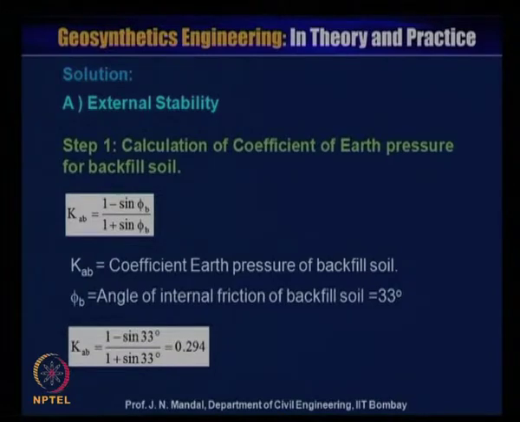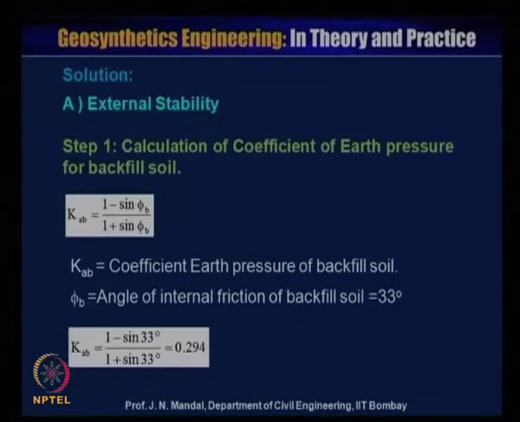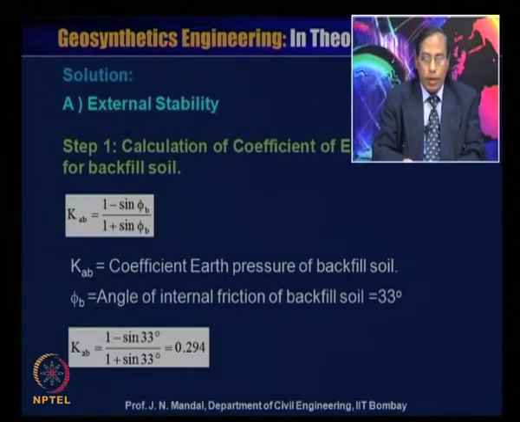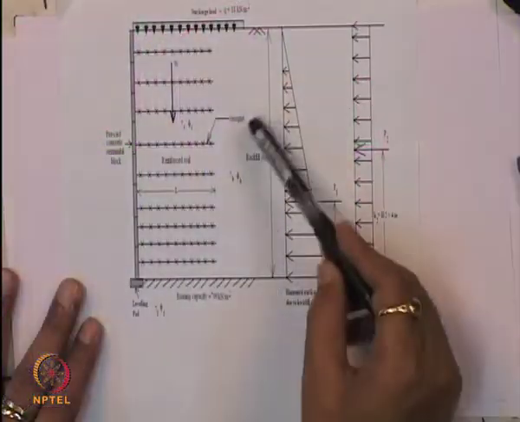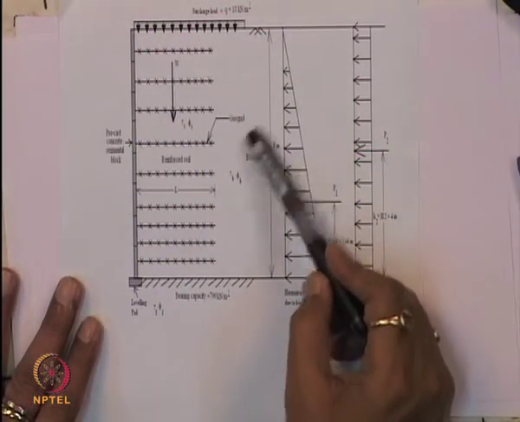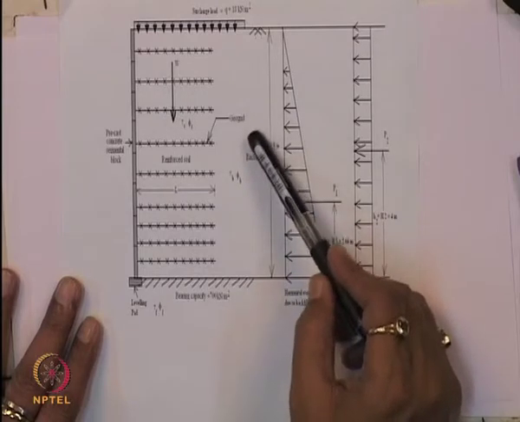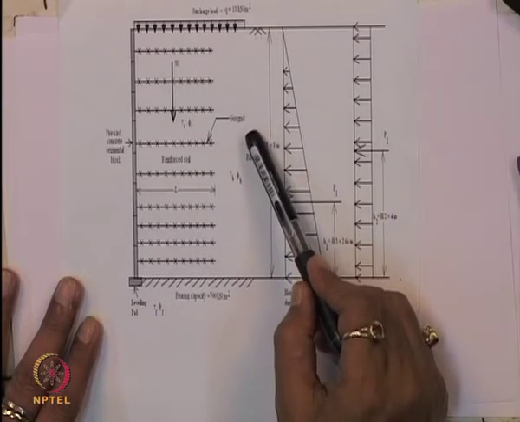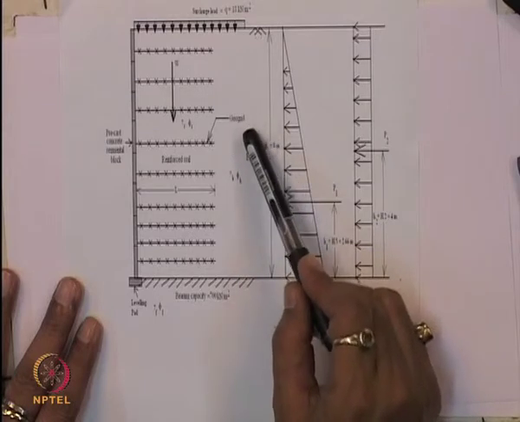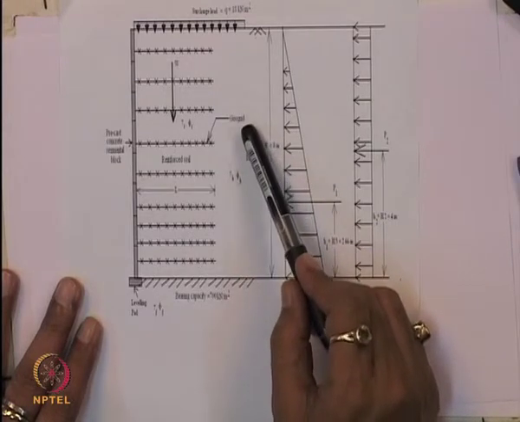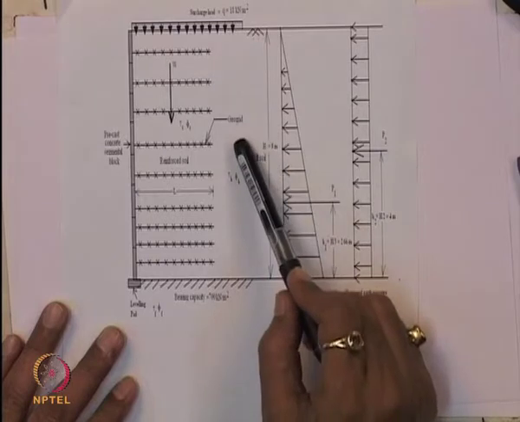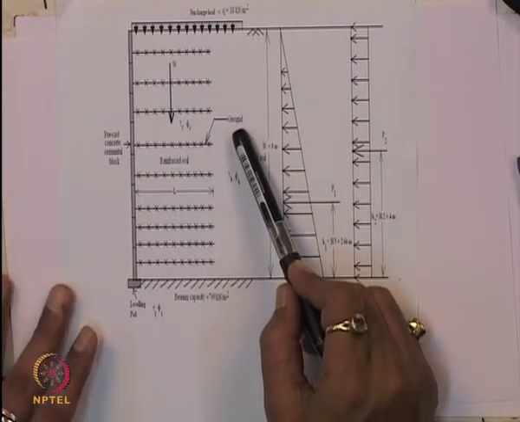A, external stability. Step 1, calculation of coefficient of earth pressure for backfill soil. So, first of all, you have to calculate the coefficient of earth pressure. If this is the wall, this is the backfill soil. So, here you have to find out KAB, where phi B is the angle of internal friction of the backfill soil, which is given as 33 degree.